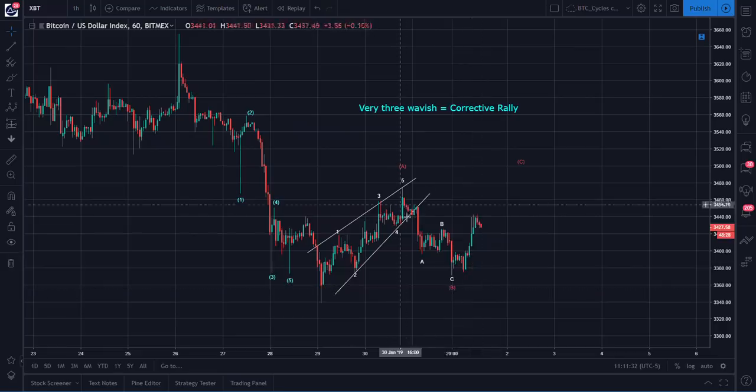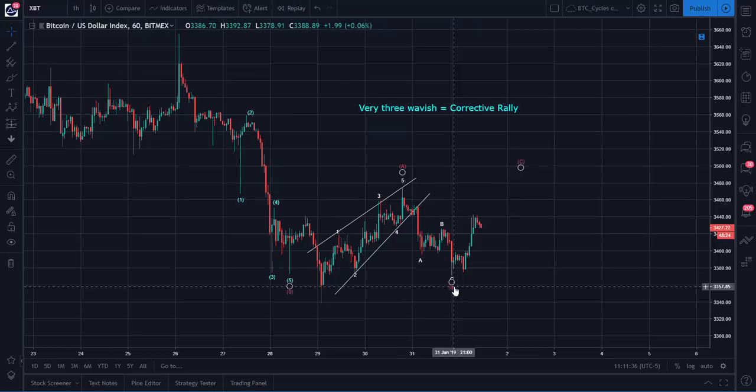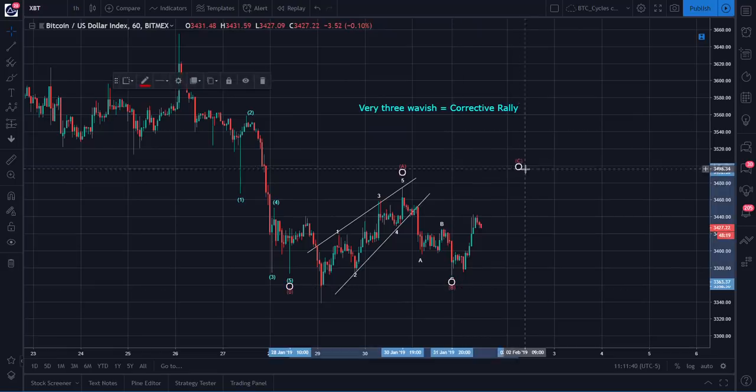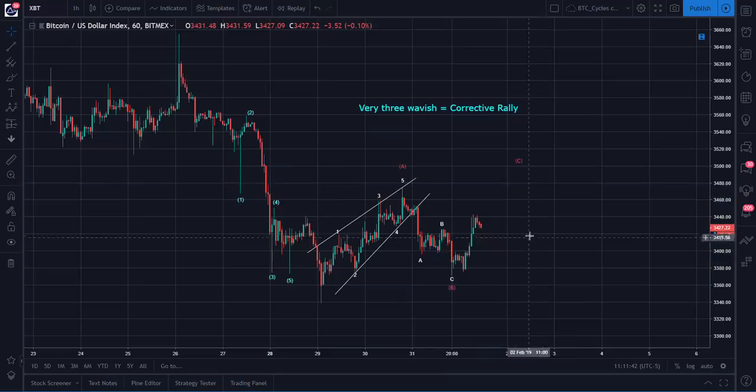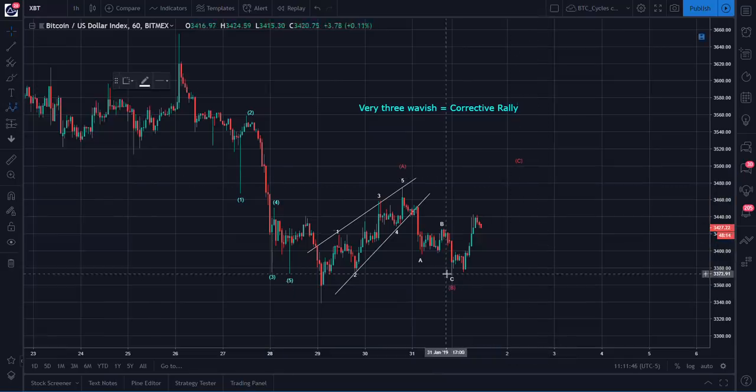And that really serves, the white ABC here serves as the subwaves of the blue B. Then if this is C, we should have a 5-wave rise. And so far, it may be looking with this potential.